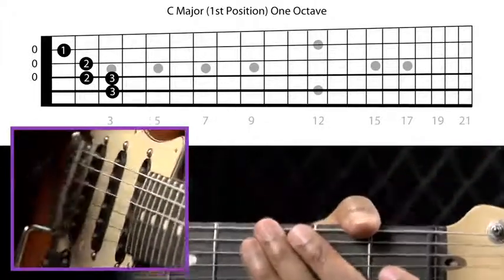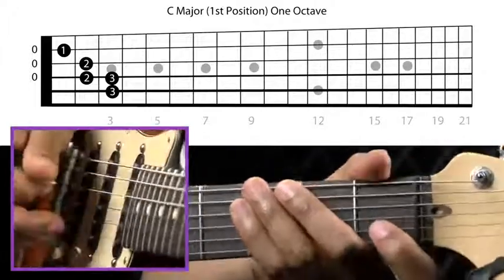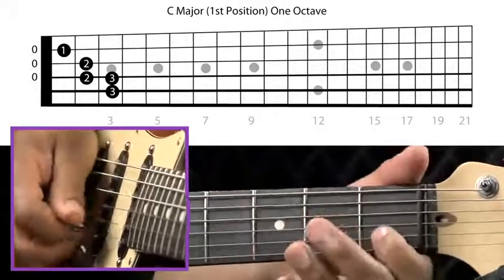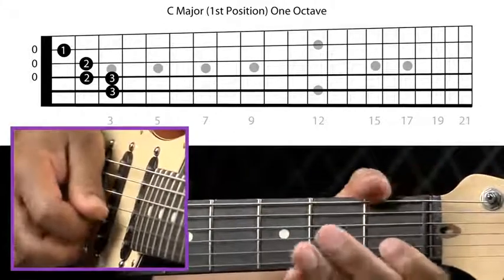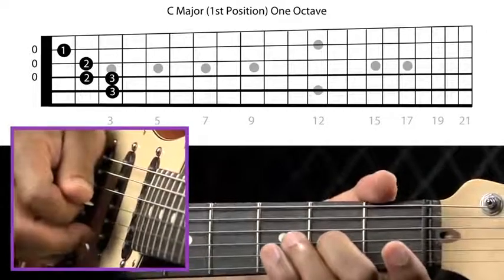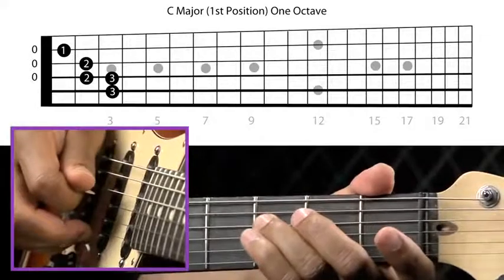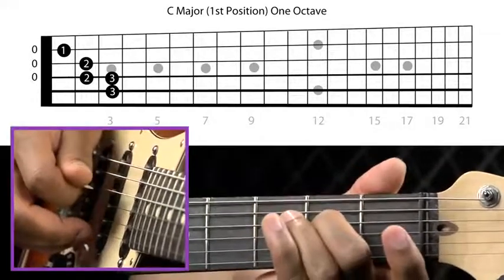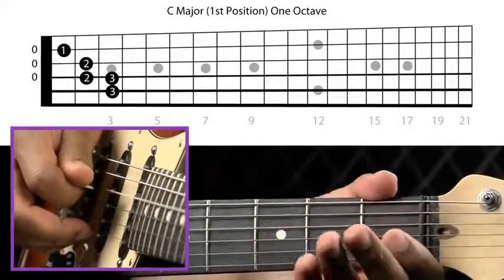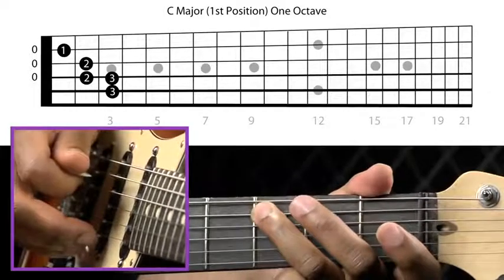Now we're going to do the descending portion of the scale. It's important to do the descending as well as the ascending every time you practice a scale. C, open B, A, open G, F, E, open D, and we're back at C again.